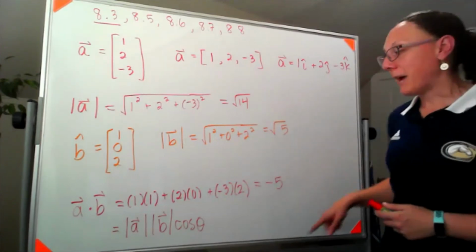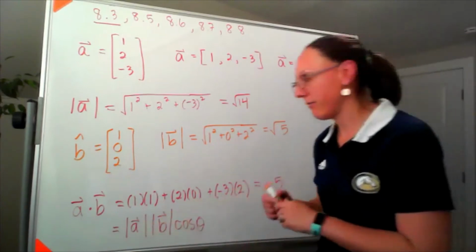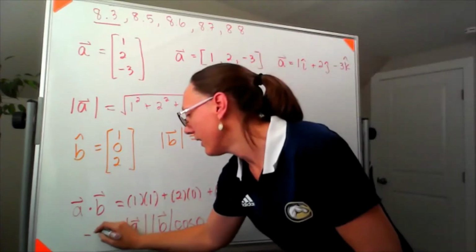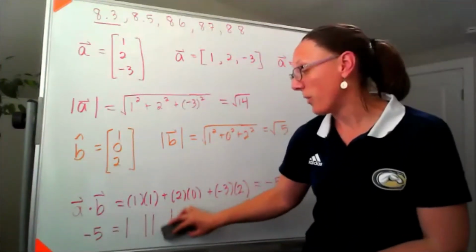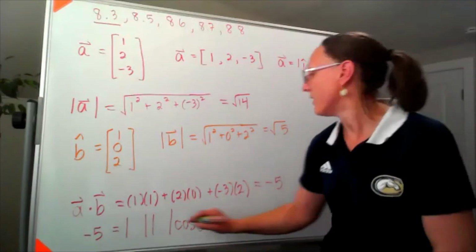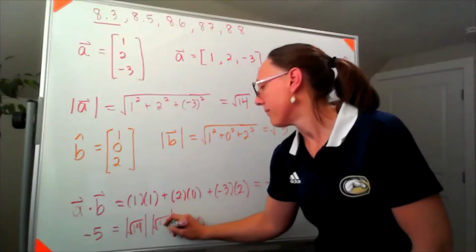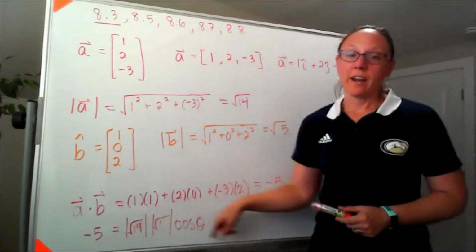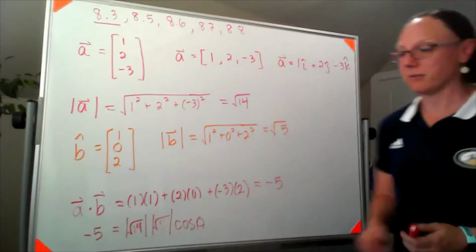But that means that I can exploit the fact that I know that this is -5, and I know what the magnitude of A is, and I know what the magnitude of B is, so that I can rearrange that equation and find the angle between the 2 vectors.